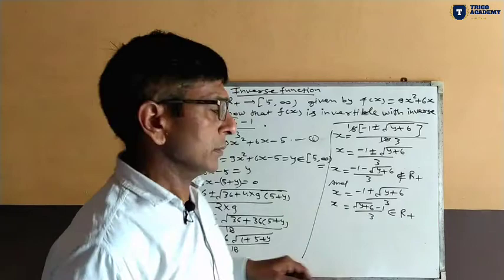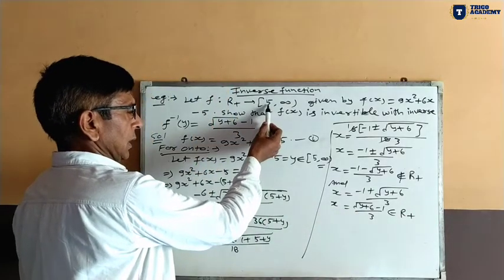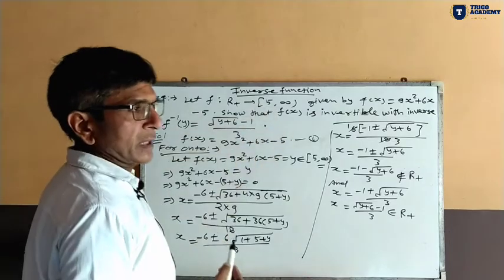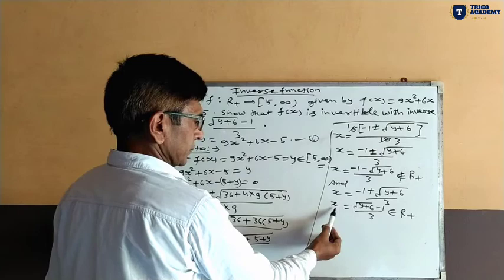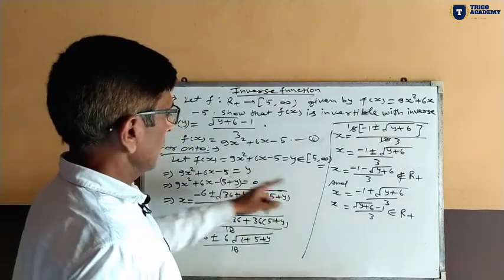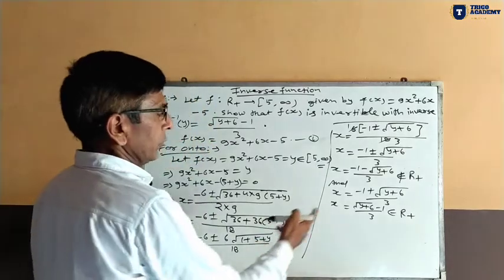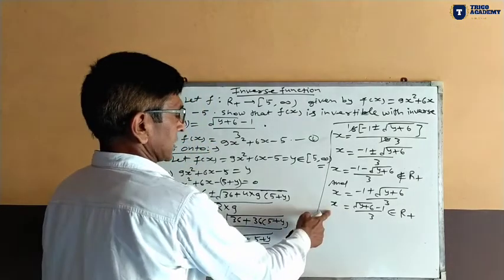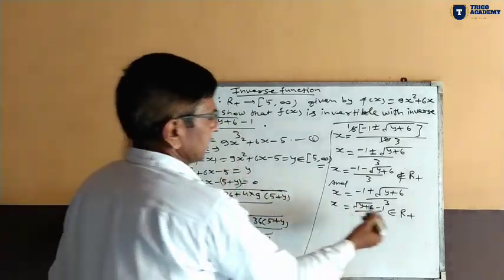Here, after putting values of y from this closed open interval, we find the value of x. After finding this, we find all values of x through this. So all these values lie in R positive.